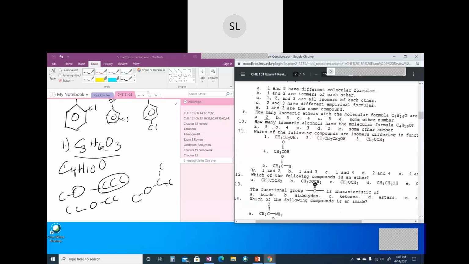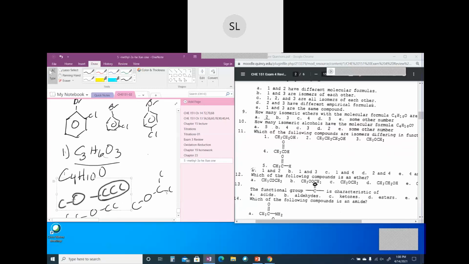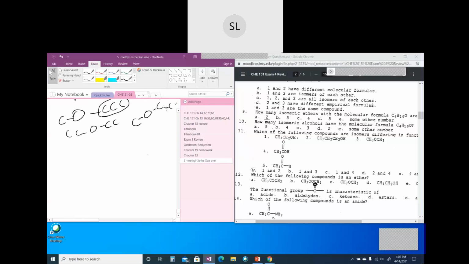All right, so then the next question is about the alcohols. How many isomeric alcohols are there with that same formula? That's when you have to know your butyl groups.